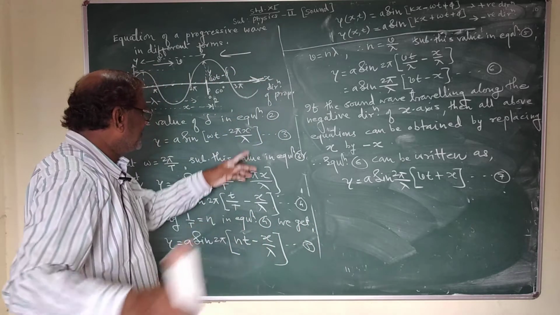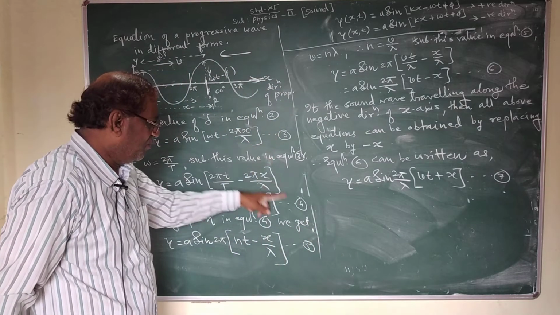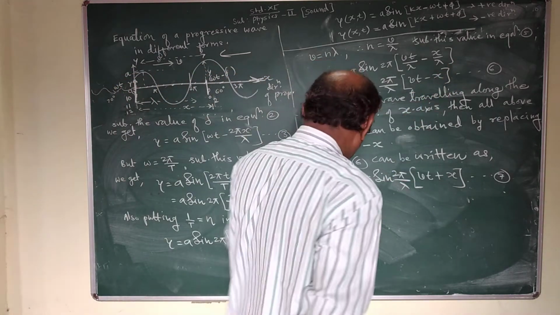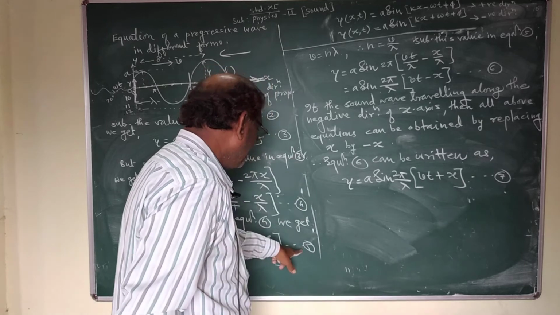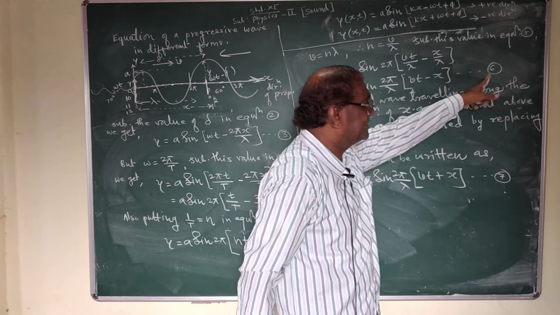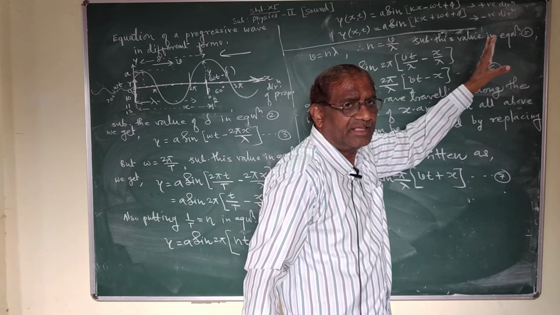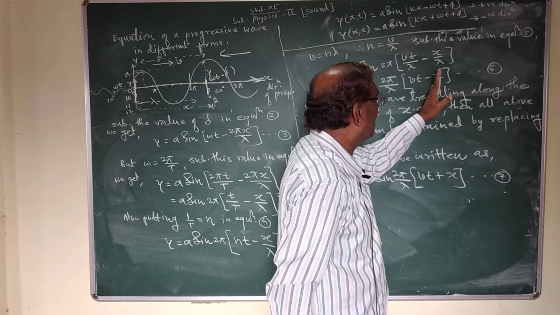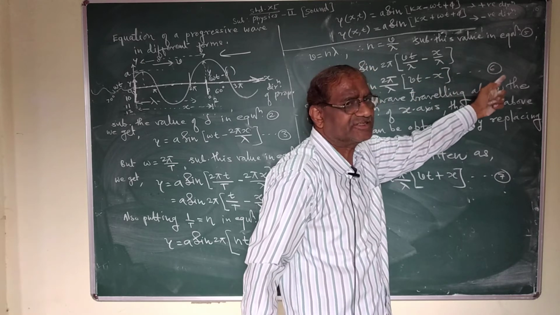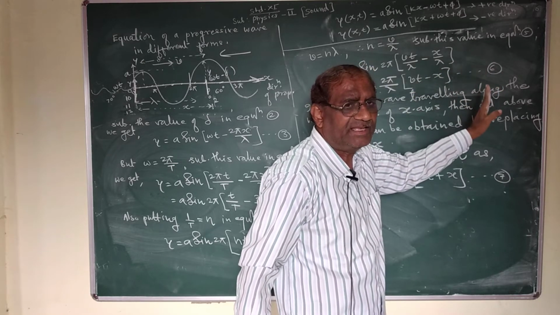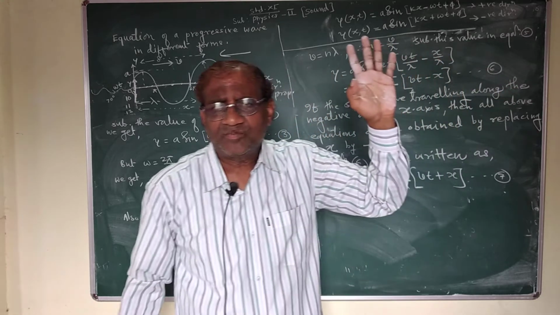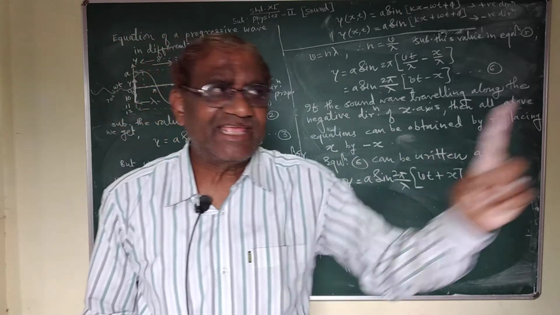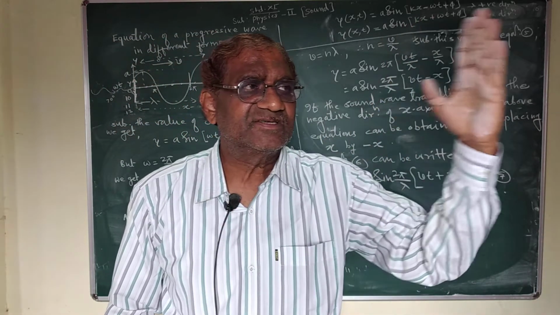All these equations that we have, third, fourth, fifth, 6, and so on, are the equations for a progressive wave along the positive direction of x-axis. Now we have to obtain the equation for a progressive wave when it is traveling along the negative direction of x-axis, means right to left.